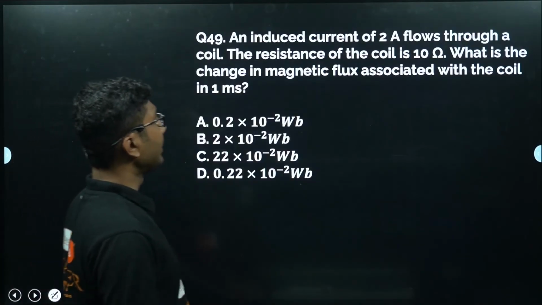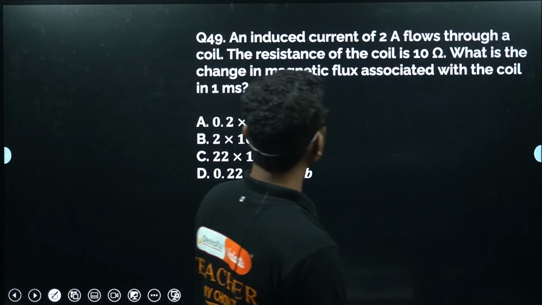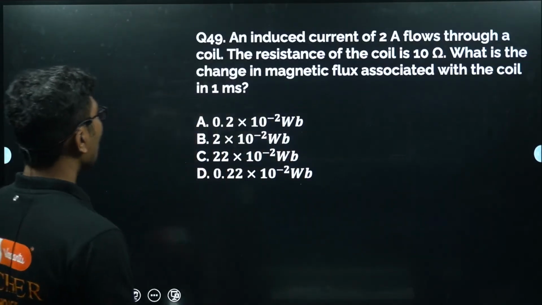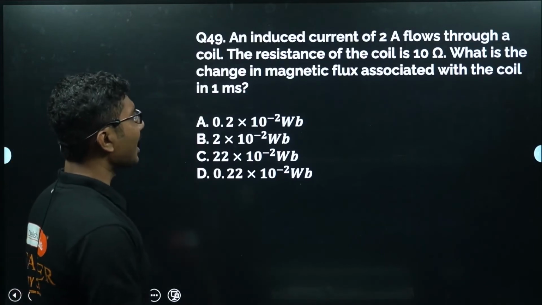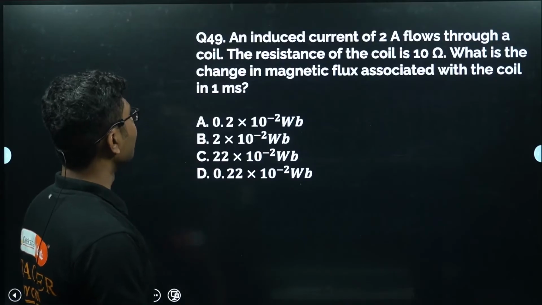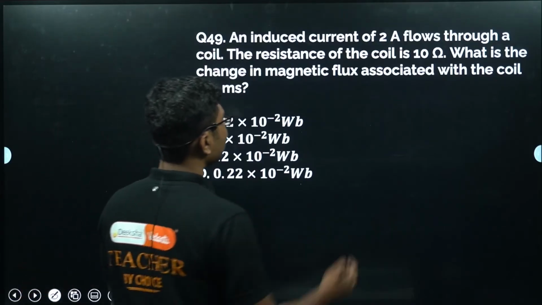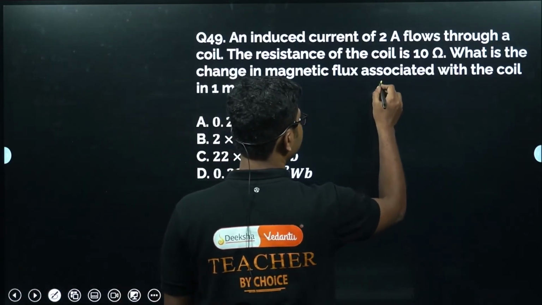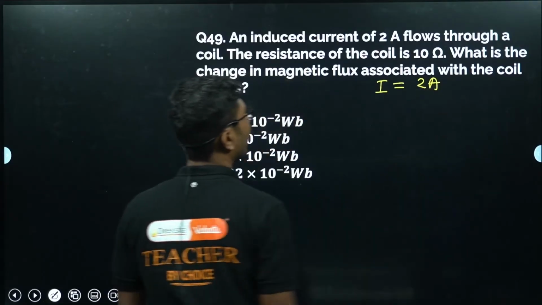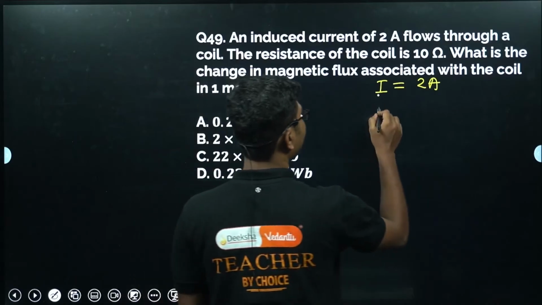Now, an induced current of 2 ampere flows through a coil. The resistance of the coil is 10 ohms. What is the change in the magnetic flux associated with the coil in 1 millisecond? The induced current is 2 ampere, and resistance is given as 10 ohm.